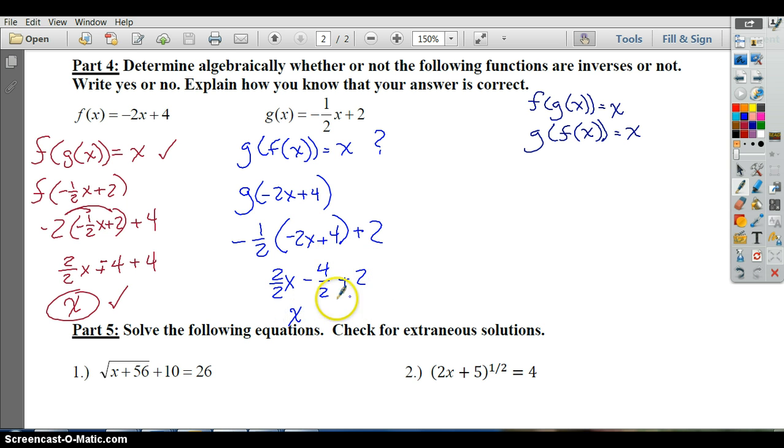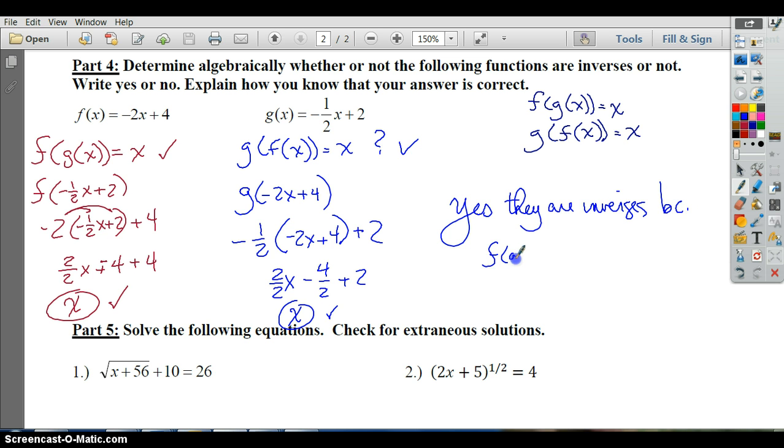That's 1x. This cancels out. That's 2 minus 2. So are these inverses? They are inverses because f of g of x equals x, and g of f of x equals x. So both scenarios checked out.